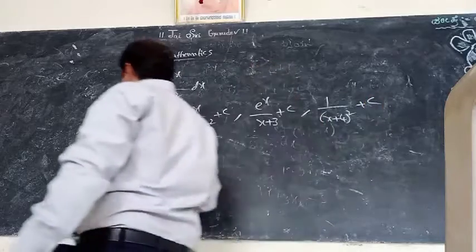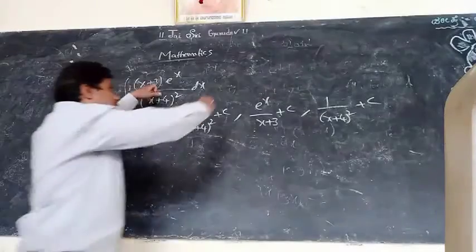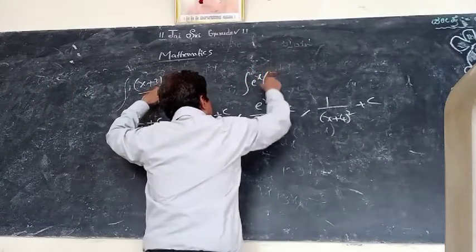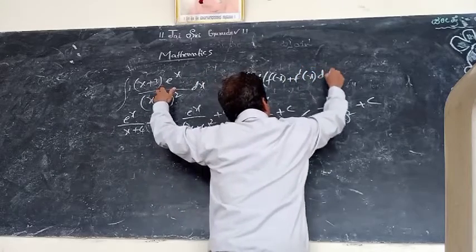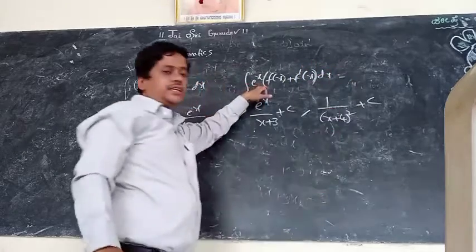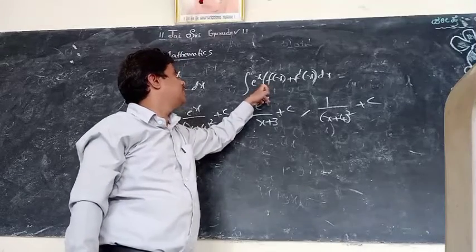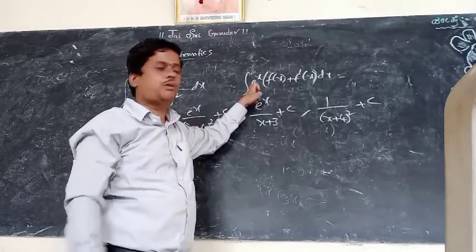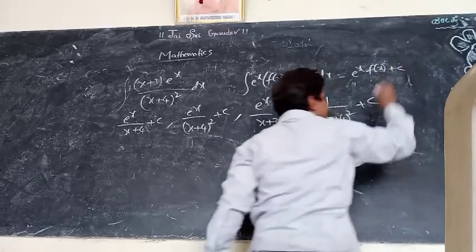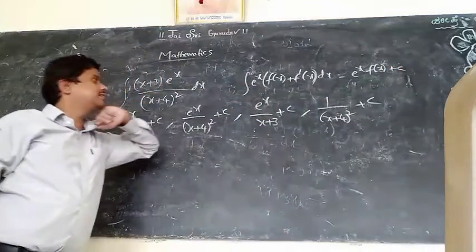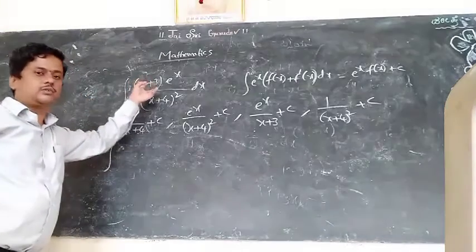One formula is there: the integral of e power x into f of x plus f dash of x is e power x into f of x. This is not a ready-made problem; you should make it so.